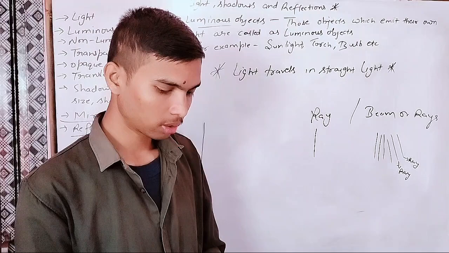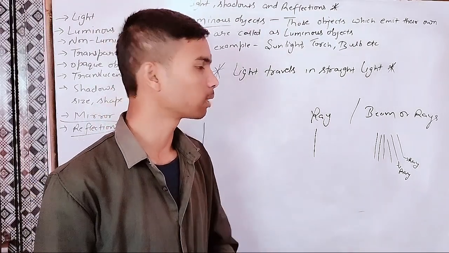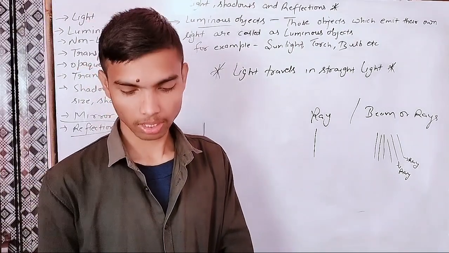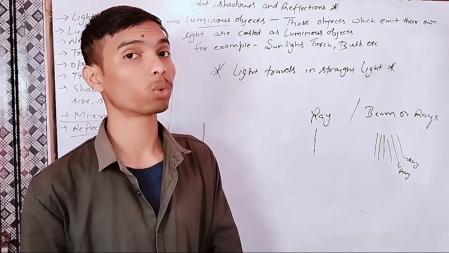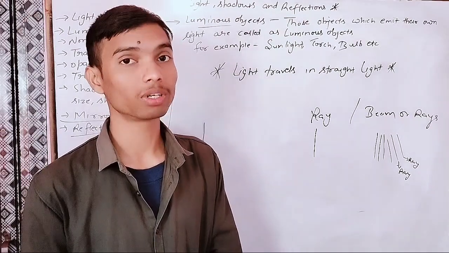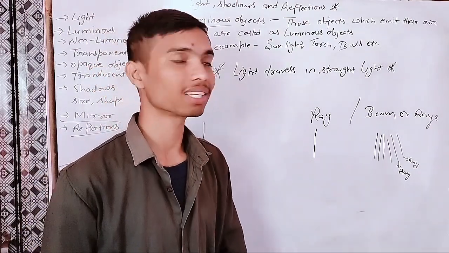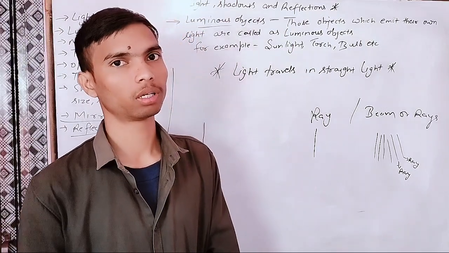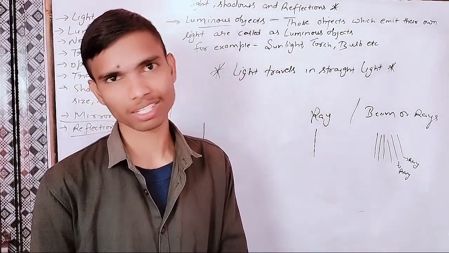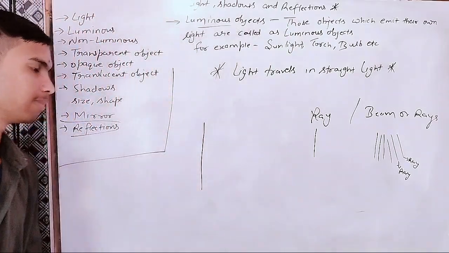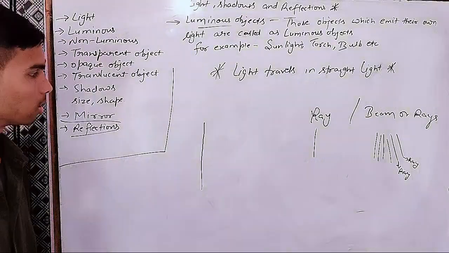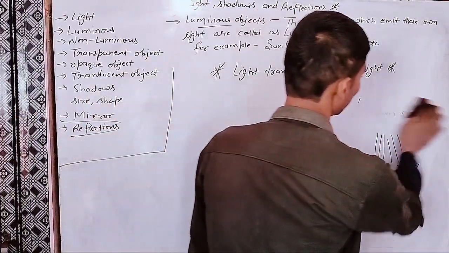But if there is a requirement for a single ray, and you are still writing the word beam or rays, and there is a requirement to write the word ray only, it will be incorrect, because there is a huge difference between ray and rays, between ray and beam.